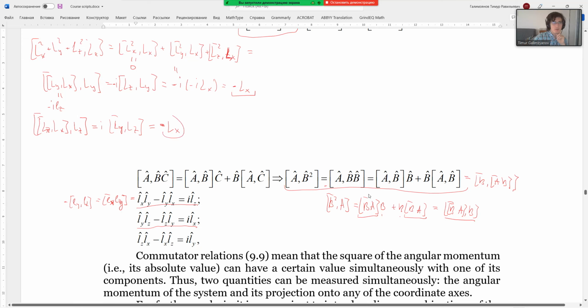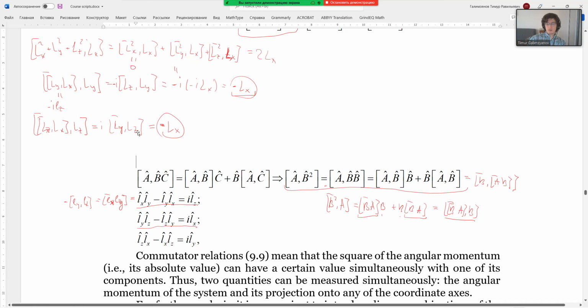So the sum of this term is 2Lx, but there should be some misprint, some mistake, because they should have opposite signs.